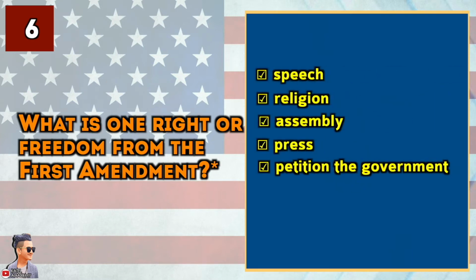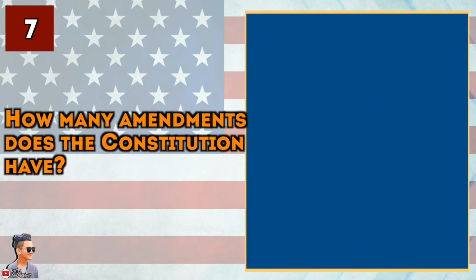Speech, religion, assembly, press, petition the government. How many amendments does the Constitution have? 27.